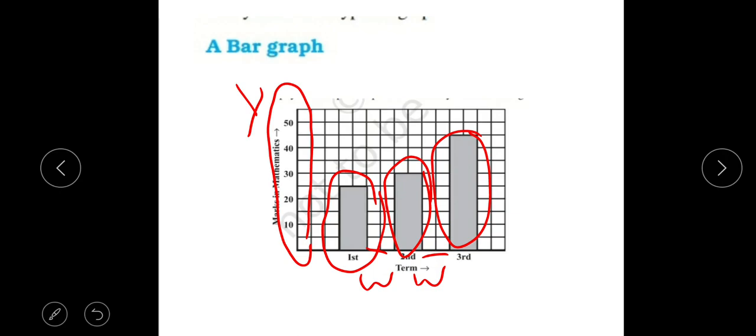This is the y-axis, the vertical line, and this is the x-axis. The categories are represented on the x-axis.